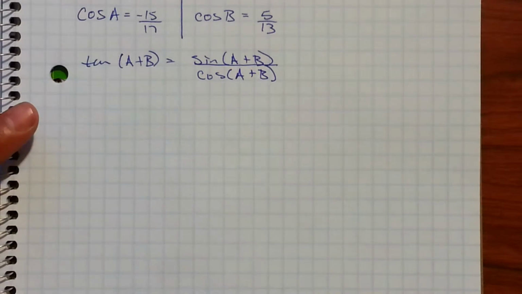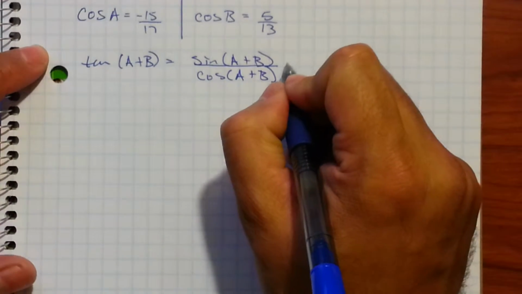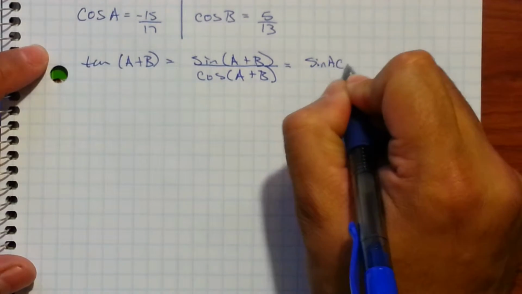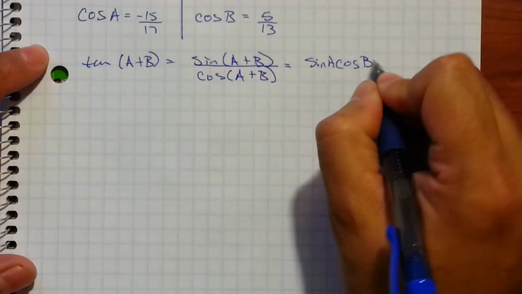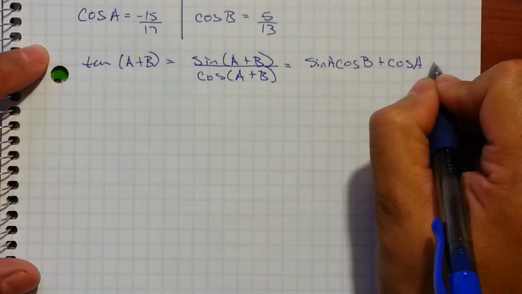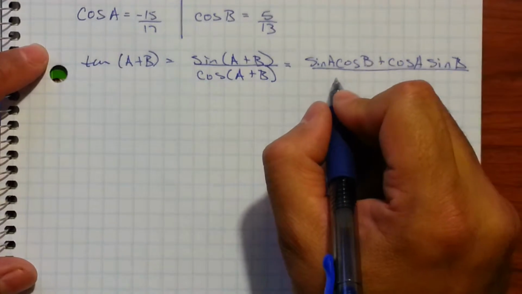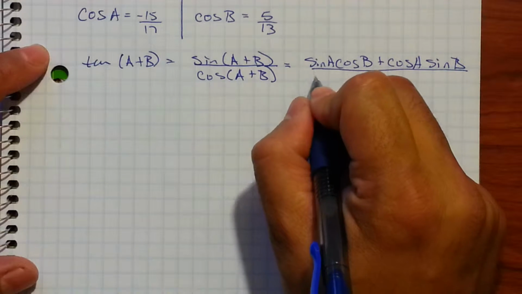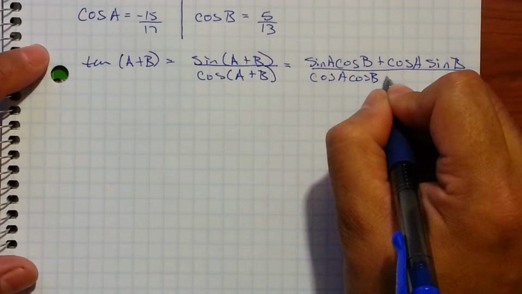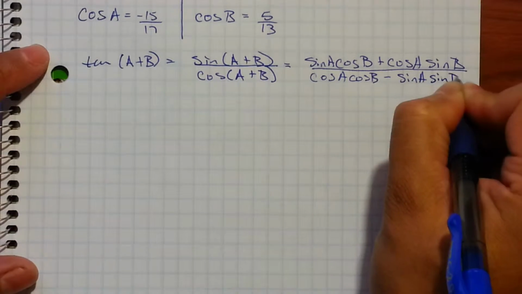So sine A plus B is equal to sine A cosine B plus cosine A sine B, over cosine A cosine B minus sine A sine B.